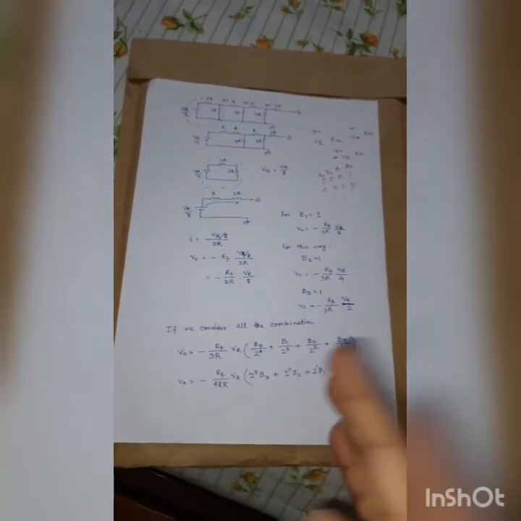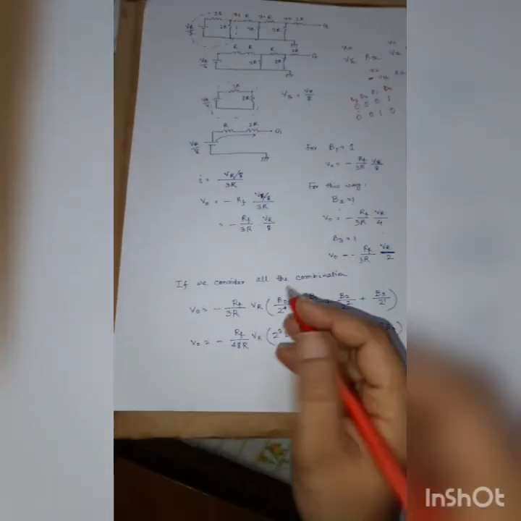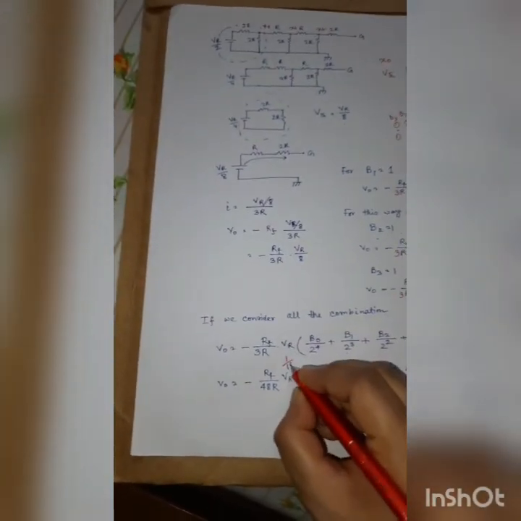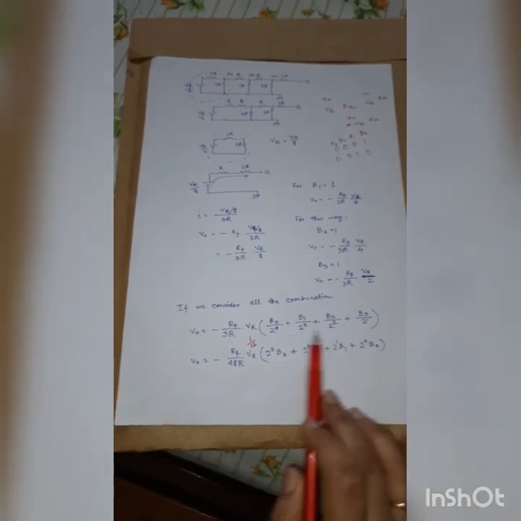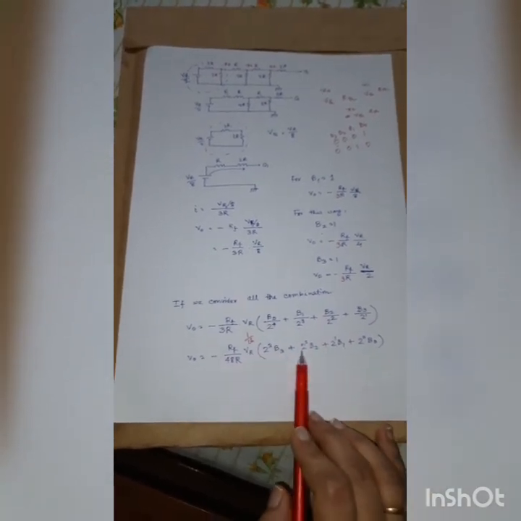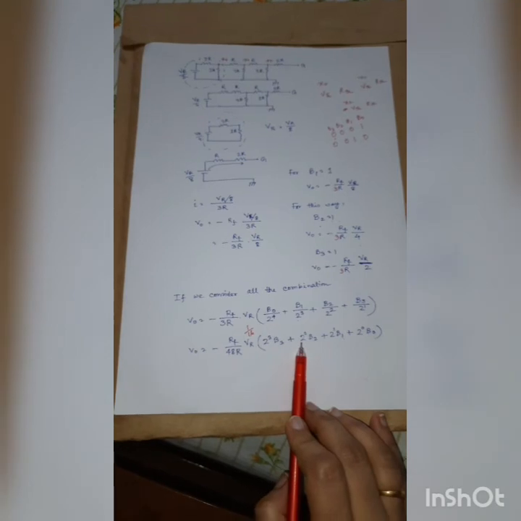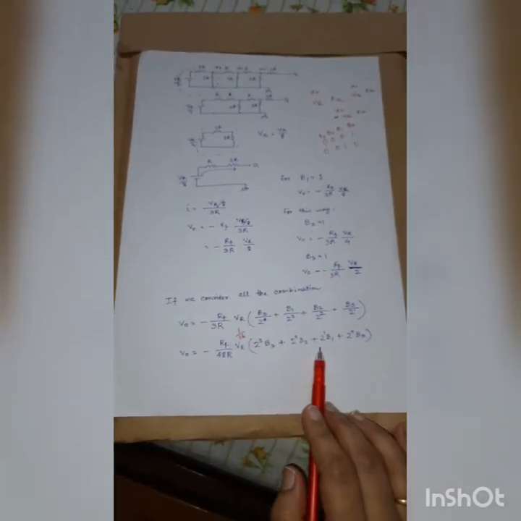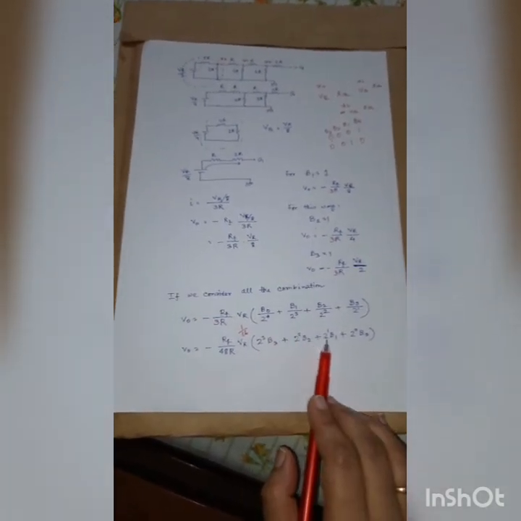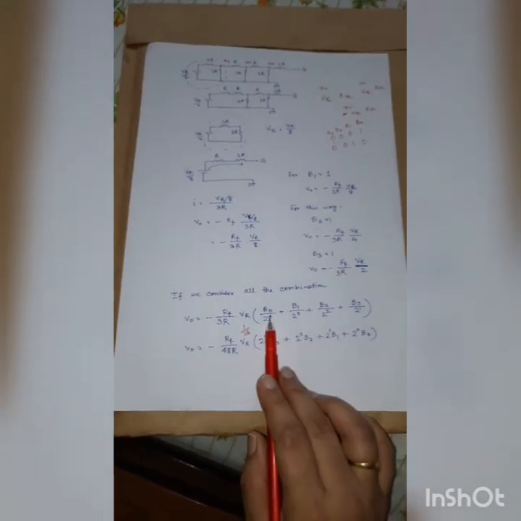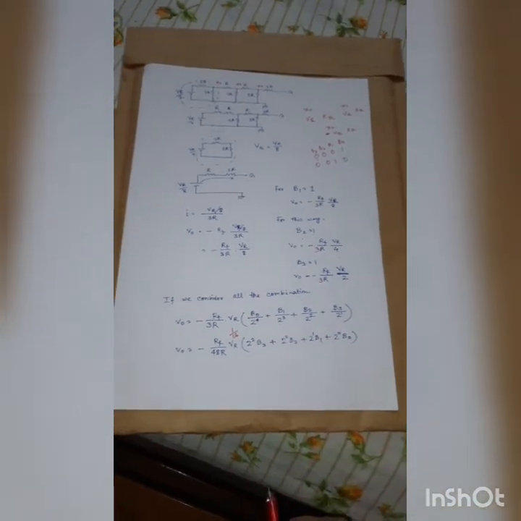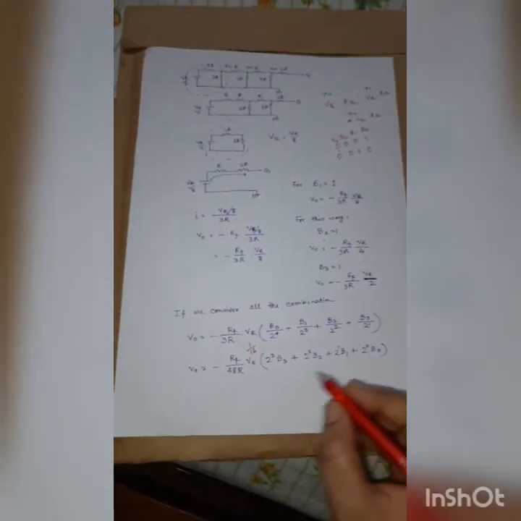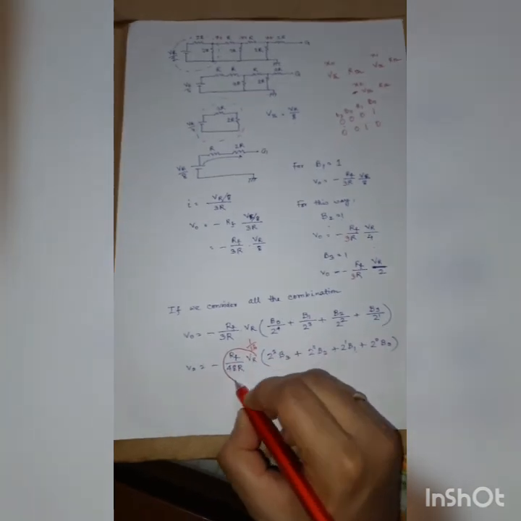Then B2 by 4, taking 16 as common, so it will be 2 to the power 2, that is 4. For B1, it is 2 to the power 3, so it will become 2. And for B0, with the power 4, it will become only 1, that is 2 to the power 0.